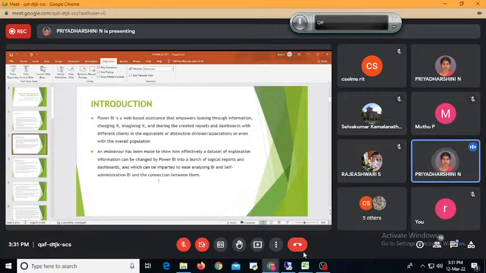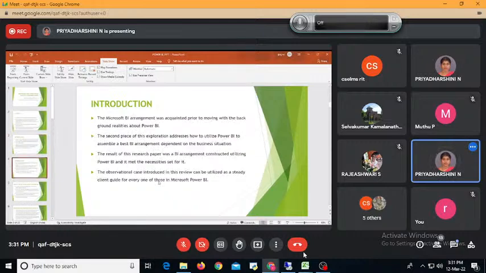Power BI is a web-based assistant that empowers looking at the information, changing it, visualizing it, sharing and creating reports. It also creates a dashboard with different clients that can associate with the overall population. It has a bunch of logical reports inside the dashboard. It can be easily analyzed, self-administered, and connected to all of them inside that.